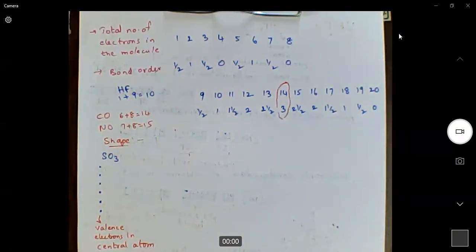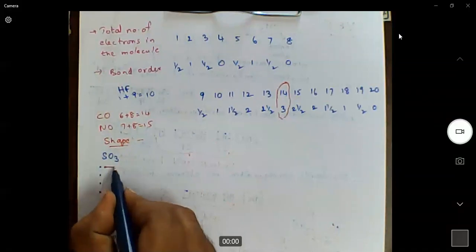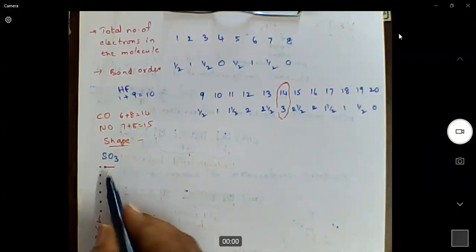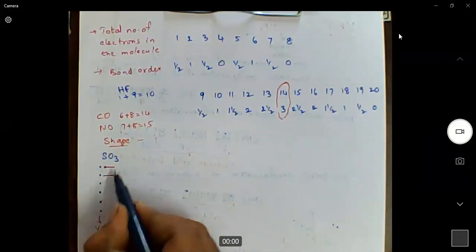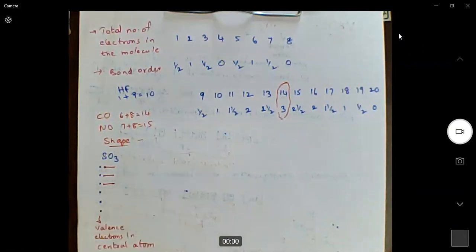Now, we have 3 oxygens. Each oxygen is capable of forming one sigma bond. So oxygen will give one electron, sulfur gives one electron, so both will have one sigma bond. There are three oxygens, so they can generate three sigma bonds.